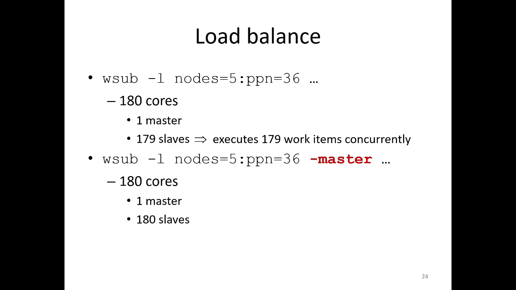There is a special flag which is -master, and again we have nodes is 5, ppn is 36, so in total we have 180 cores. But now, using the master flag, there is one master process and 180 slaves. So basically, this might be more what you expect intuitively, but it is actually optional with a very good reason.